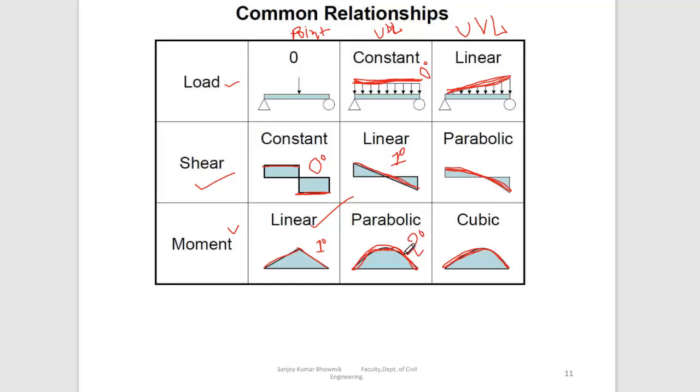This is according to the equations, line of action degree. If you consider the UVL, have a look. You started with the first degree line in the loading condition. In SFD, you will get the second degree, that is called parabolic. In BMD, the bending moment diagram, you will get the third degree in cubic format.